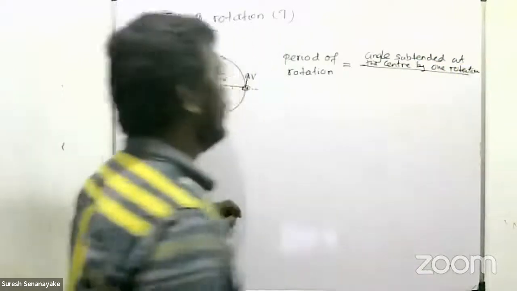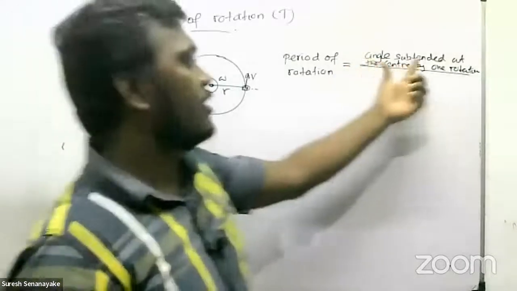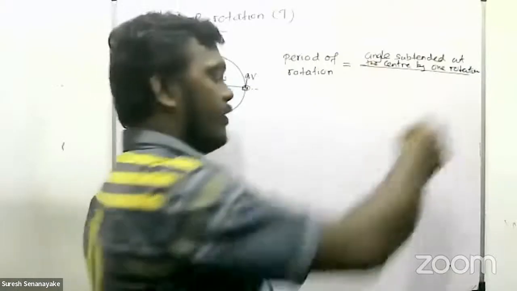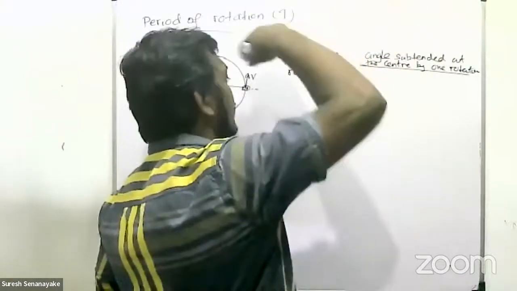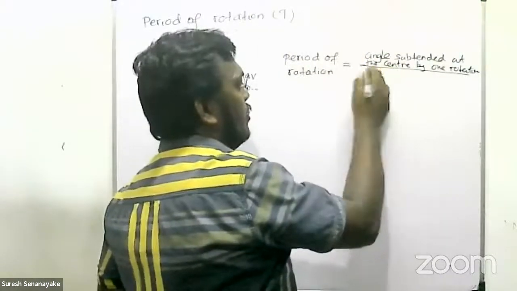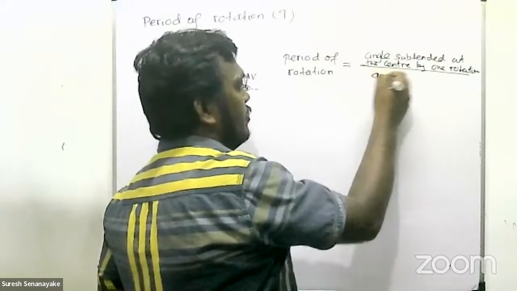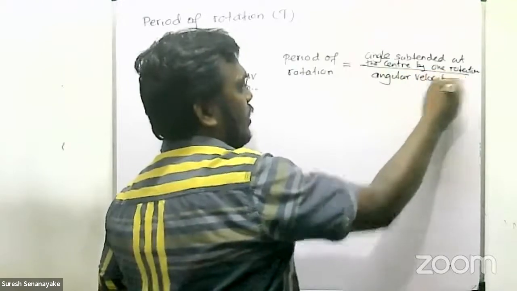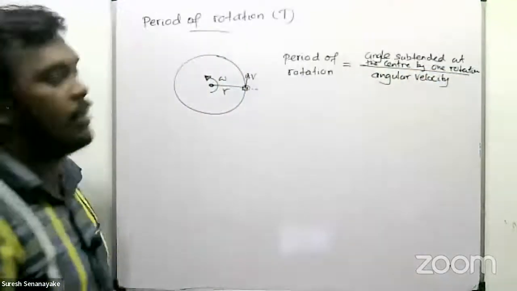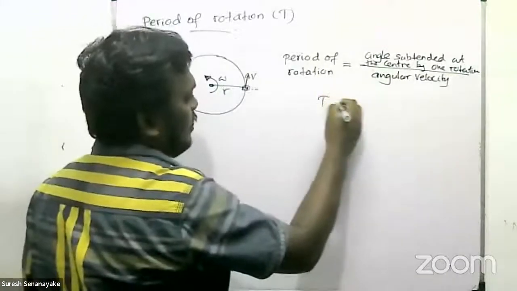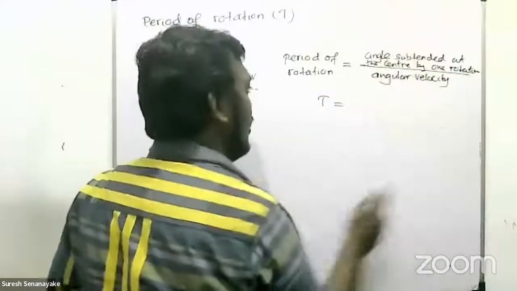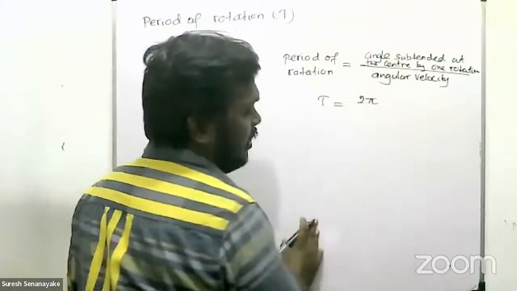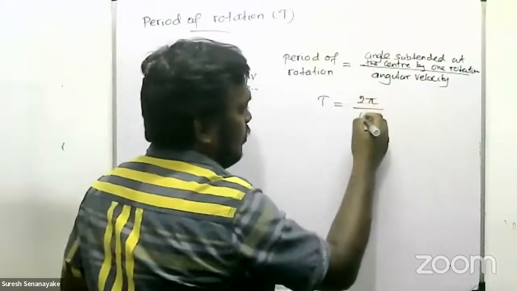You can write the period of rotation as the angle subtended at the center by one rotation divided by the angular velocity. For one rotation, the total angle subtended at the center is 2π radians, divided by omega.